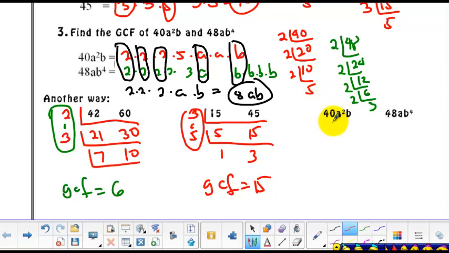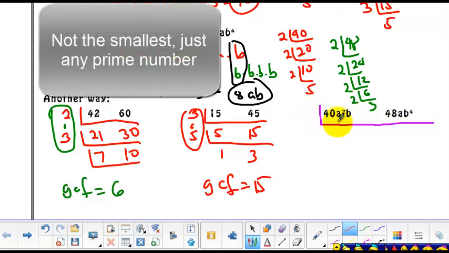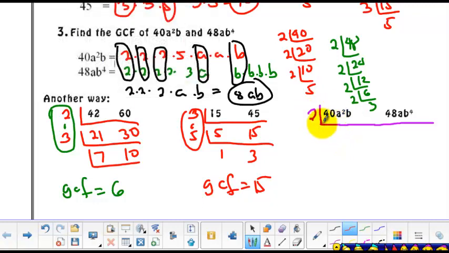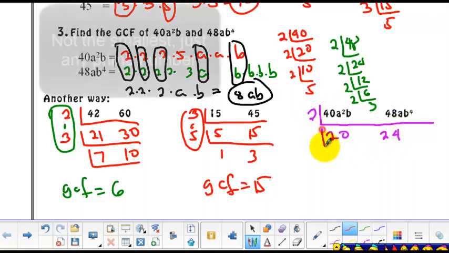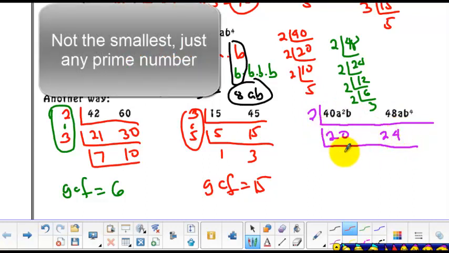Alright, next, 40 and 48. For the meantime, we'll just deal with the two numbers 40 and 48. Think of the smallest prime number that can divide 40 and 48. 2 will work. So 40 divided by 2 is 20. 48 divided by 2 is 24. Think of the smallest prime number that can divide both 20 and 24. 2 will work again.